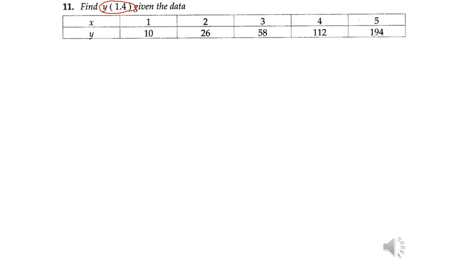Since this 1.4 is very near to 1, that is very near the beginning, that is it falls in the first half, so that's why we have to use the forward interpolation formula.